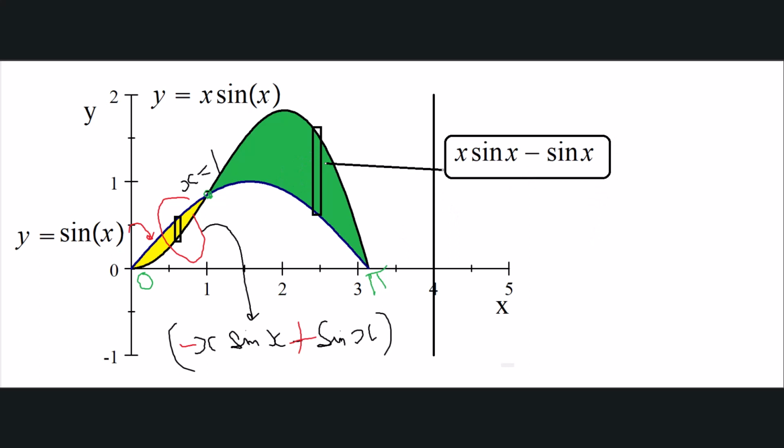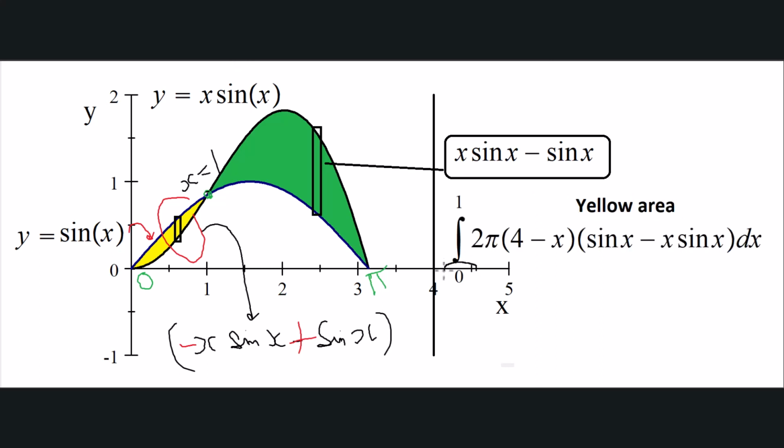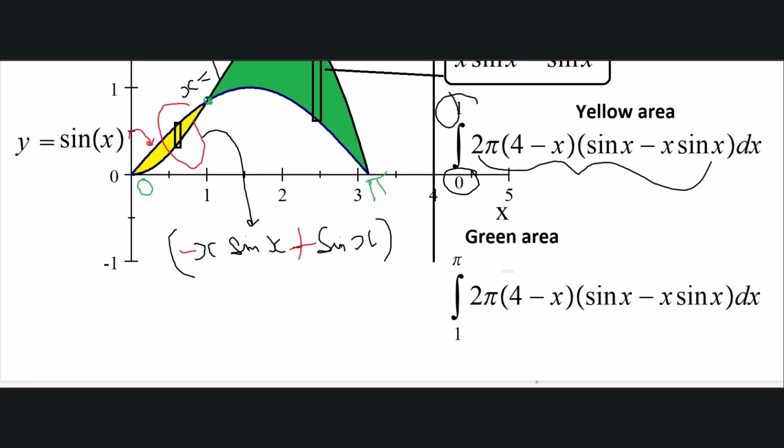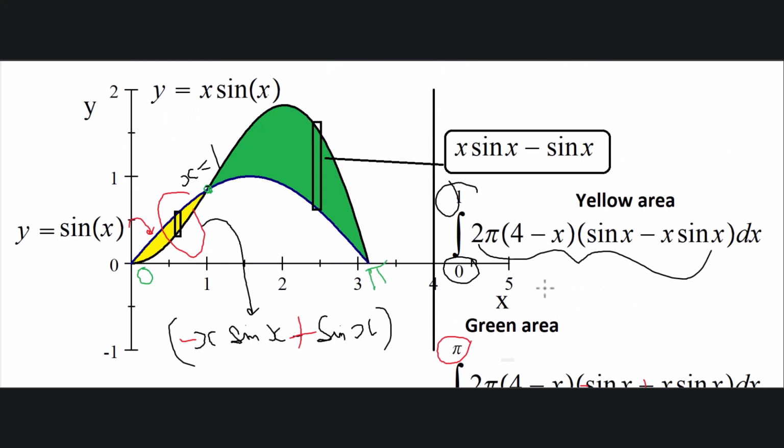So what we have now is that the volume obtained by revolving the yellow area is the integral from 0 to 1 of the expression here, and for the green area, of course, the limits will change to going from 1 to pi, and these signs will reverse, so that you have the positive value for this altitude.